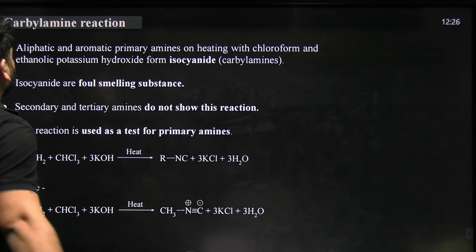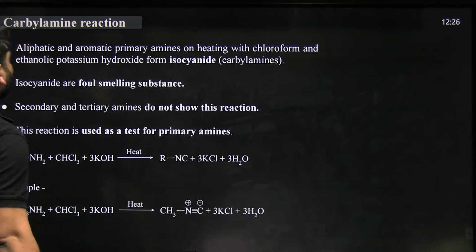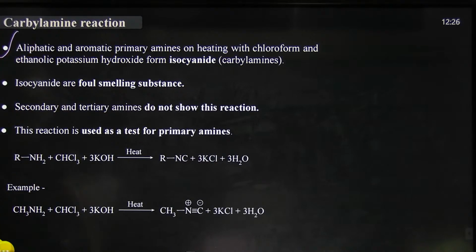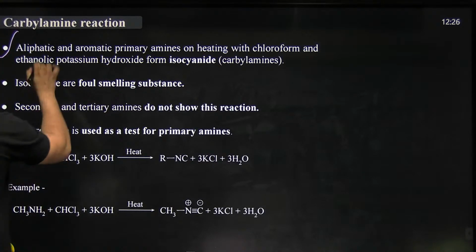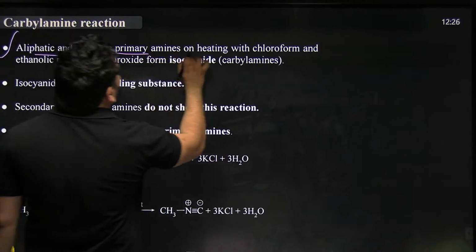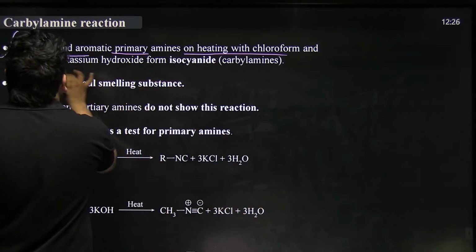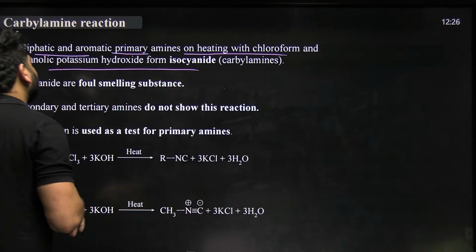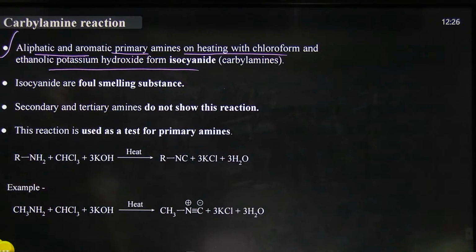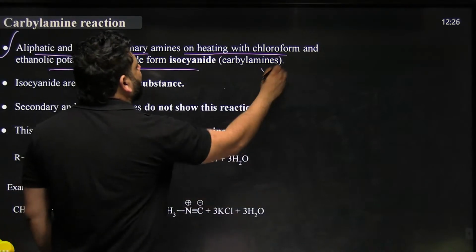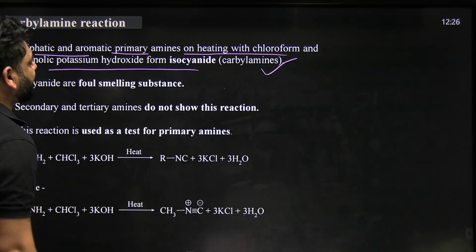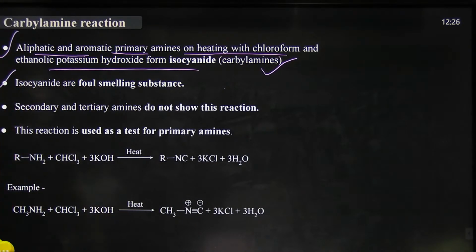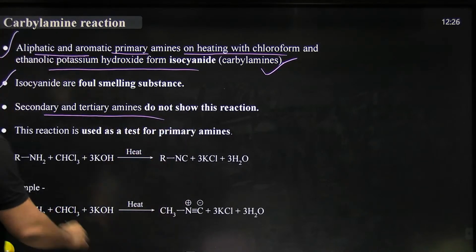Now we have one reaction called the carbylamine reaction, which is a test for identification of primary amines. Aliphatic and aromatic primary amines, on heating with chloroform and ethanolic, alcoholic KOH, give isocyanide or RNC, which are foul smelling substances. Secondary and tertiary amines do not give this test.